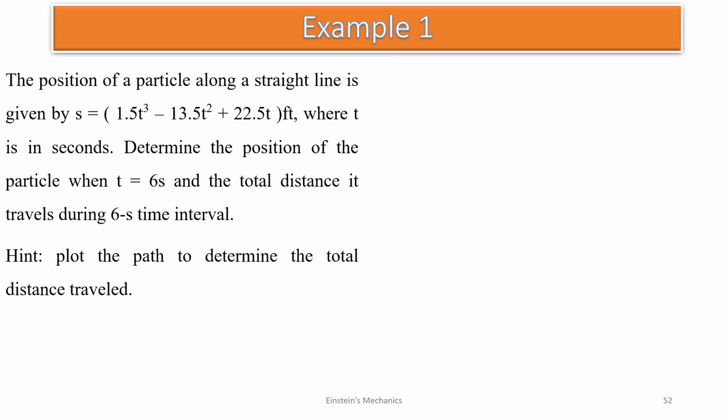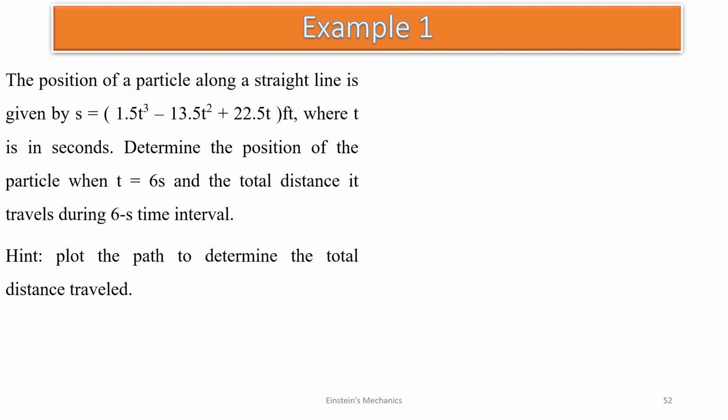Example 1. The position of a particle along a straight line is given by x = 1.5t^3 - 13.5t^2 + 22.5t, in terms of feet, where t is in terms of seconds.